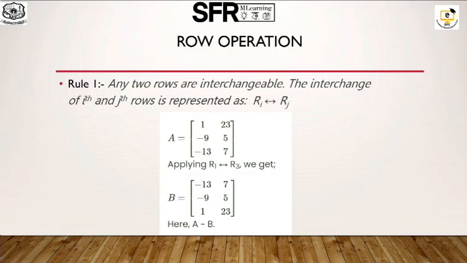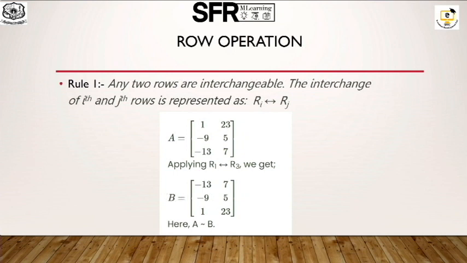There is no change in row 2. The second row contains the same elements as in matrix A, that is minus 9, 5. Then the third row is changed to the first row, so 1 and 23 are the elements in the third row of matrix B.